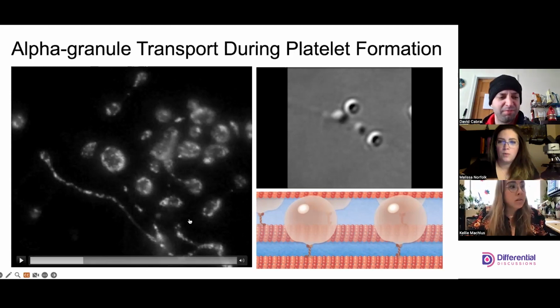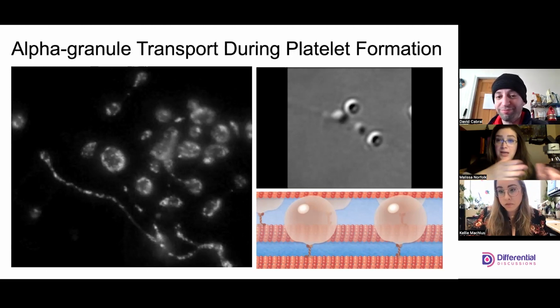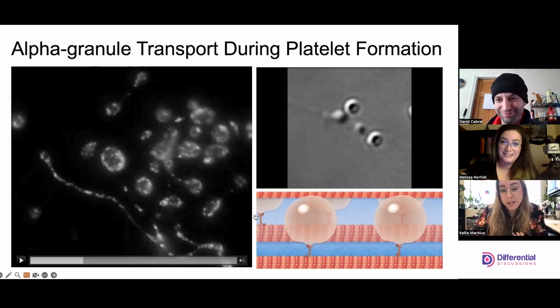At what point, because you said before the contents in the megakaryocyte are just sitting in those little microvesicles, do they get put into or created into alpha granules?